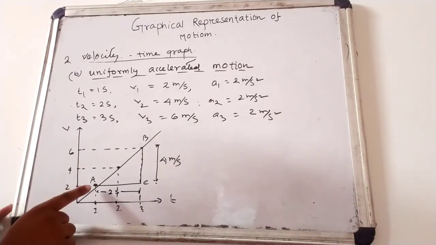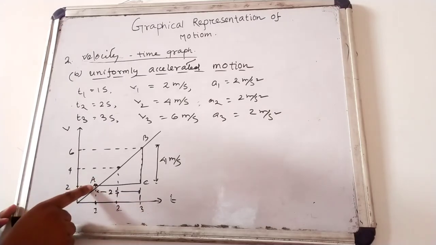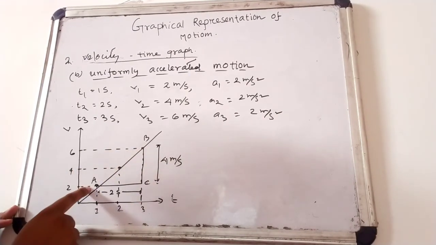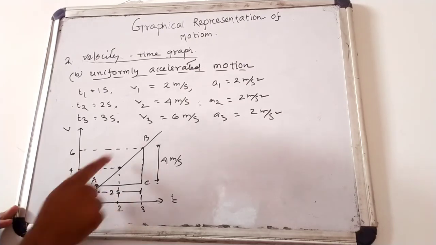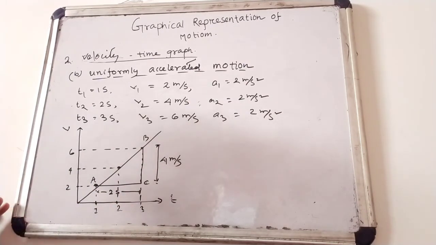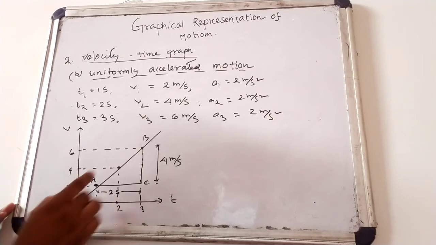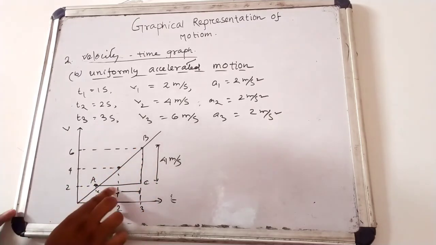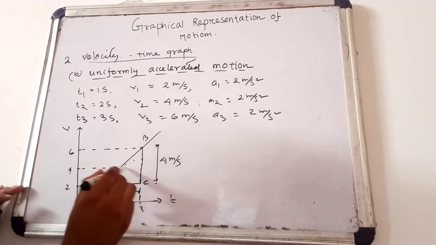Suppose this is point A, so from position A, when the object moves to position B, how much distance is covered in moving from A to B, that we can calculate by calculating the area covered by this portion AB.